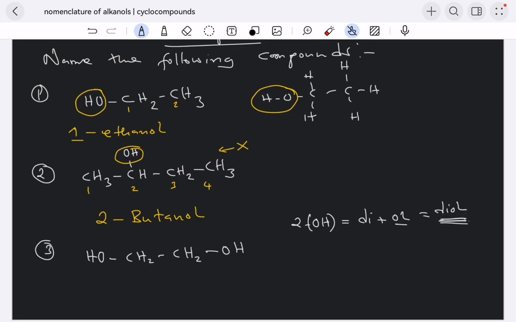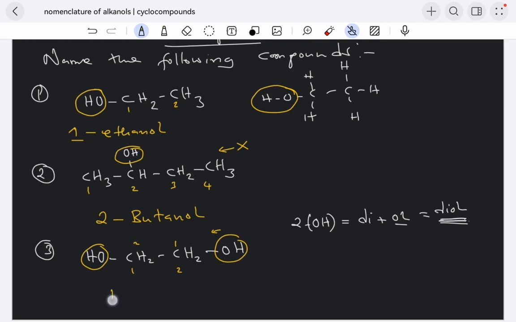So how are we going to name this? We start counting. Because we have a hydroxyl on this side and a hydroxyl on this side, if I start from here, this will be 1, this will be 2. If I start from the other side, it will still be the same thing, 1, 2. So what will be the name of this?